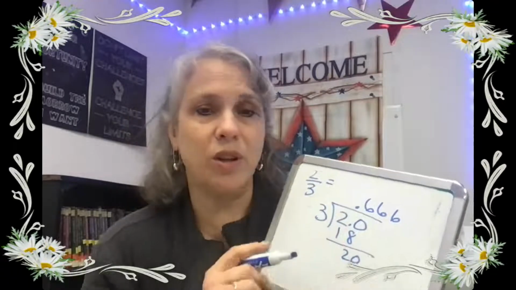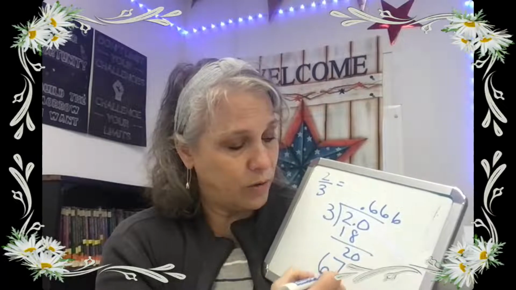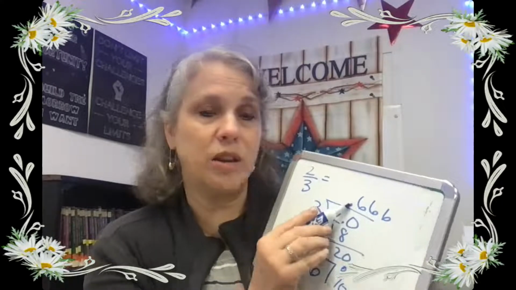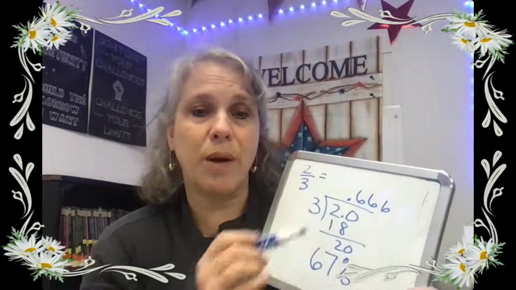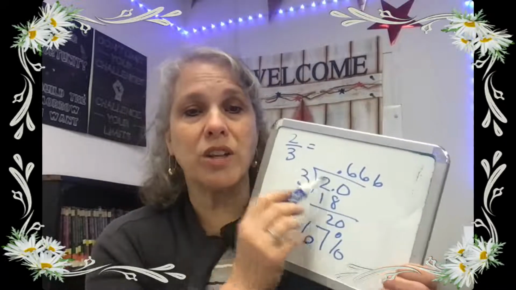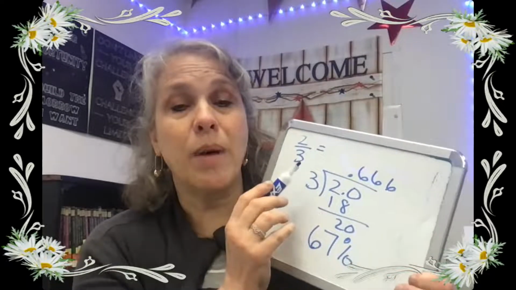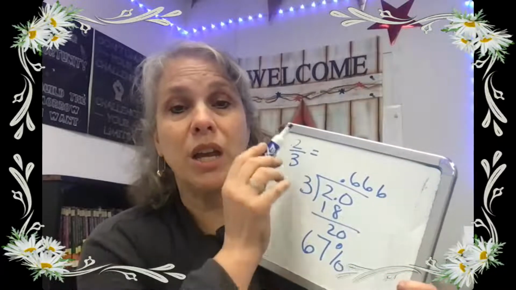Okay, so at that point, you can decide if you want to round off or whatever. So you could round off to 67%. There's your decimal, multiply it by 100, and there you go. There's your percent. So any fraction that you have, you can make it into a decimal by dividing the bottom number into the top number.